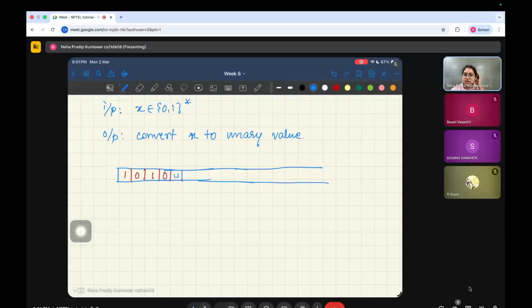Does anybody want to attempt before I solve it?